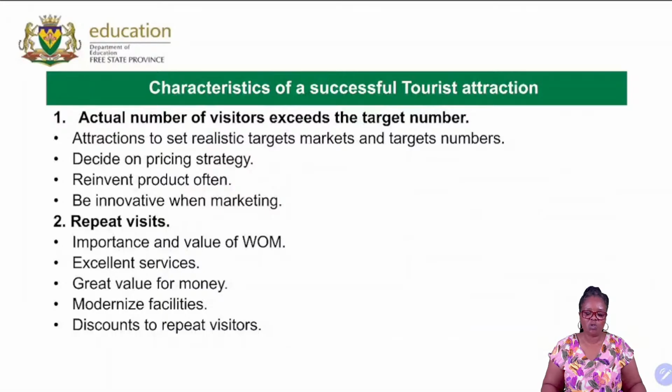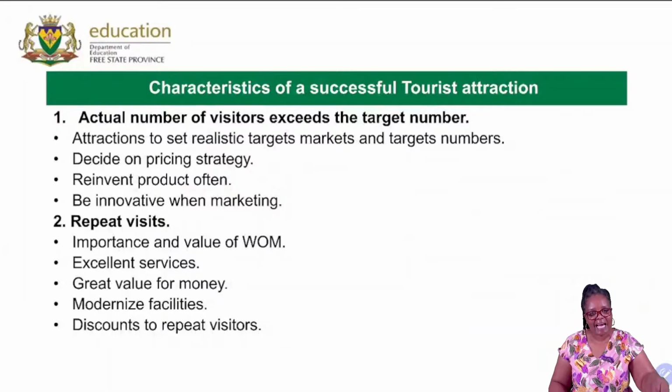And they also need to have realistic target numbers. They look at the attraction and they can see its capacity, that it can afford to have so many visitors, so many tourists within a week, within a day. They need to make sure that the number they are expecting is not too much for the attraction.